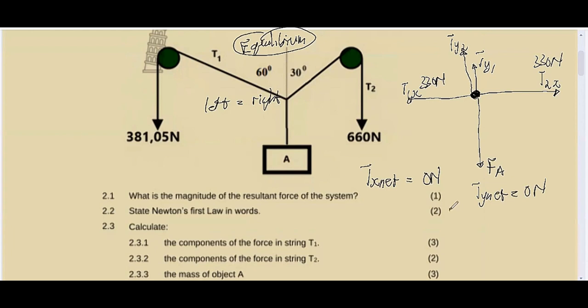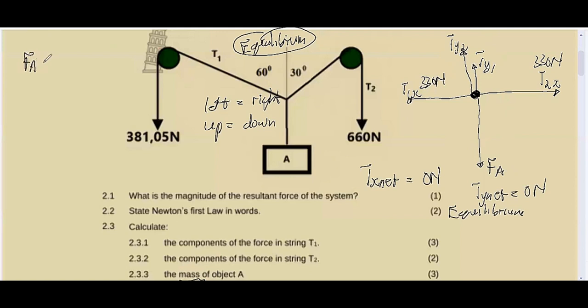So the reason for this is because of equilibrium. So we are saying that, again, the upward forces will balance out the downward forces. So in other words, what am I saying? This upward force here must be equal to that. We are looking for the force of A before we can find the mass, right? So that means the force of A will be a sum of these two vertical components.